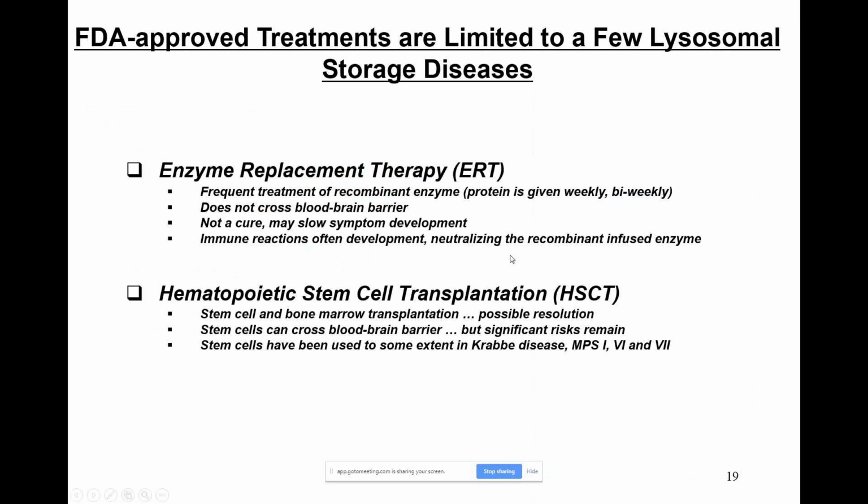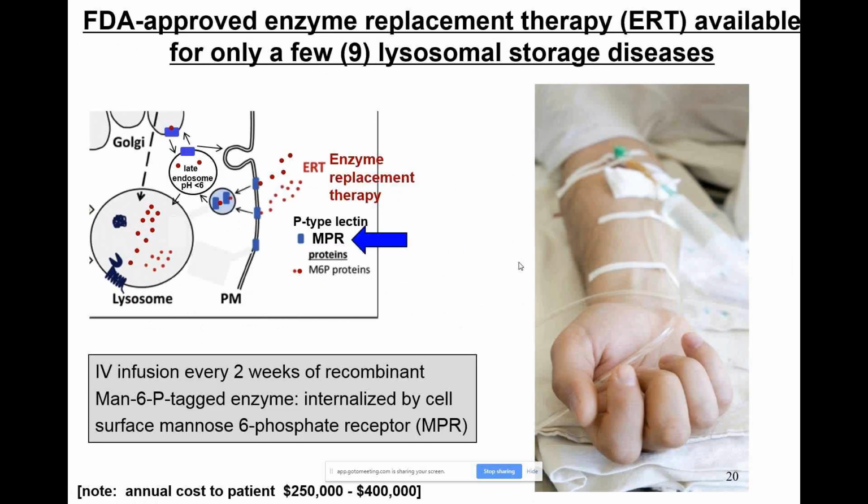So oftentimes those patients can develop neutralizing antibodies because they're recognizing that protein as foreign. There are other infusion types of issues, but I don't know specifically about the macrophage issue. The body is foreign. Considering it's not usually floating around like that. Correct. But again, for some of the patients, up to 50% of them can make neutralizing antibodies because they're recognizing that protein as foreign. Okay. So again, it's not a perfect treatment, right? But that's been the mainstay.